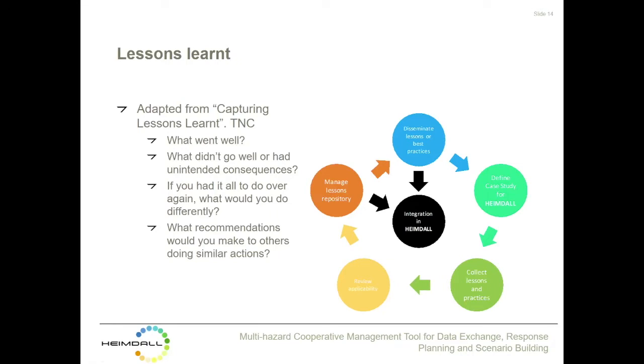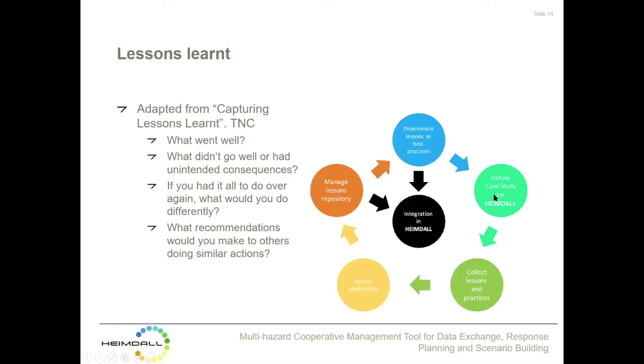The mechanisms or the processes or the methodologies used to collect, share, and disseminate lessons learned may vary, but in general are comprised of 5 main elements. First, defining a project, or defining a case study in the case of HEIMDALL; collecting information, or collecting lessons learned and best practices; verifying the applicability of these lessons learned for the organization; storing and managing the lessons learned in a repository; and finally disseminating them to other stakeholders or other end users.